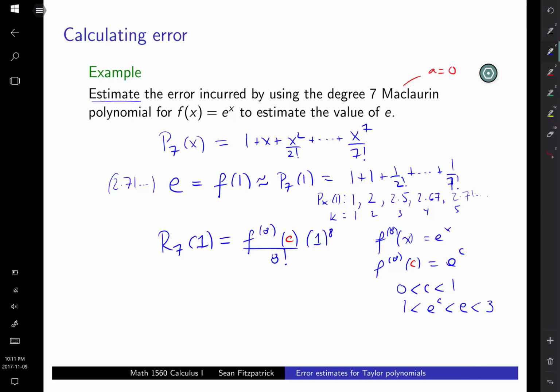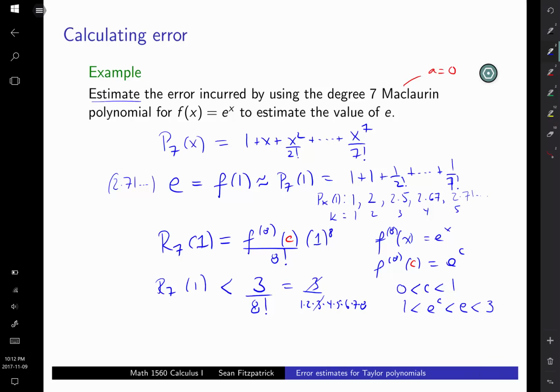That means that my remainder, R7 at 1, has to be less than 3 over 8 factorial. That's 3 over 1 times 2 times 3 times 4 times 5 times 6 times 7 times 8. And I guess I could cancel those 3's.